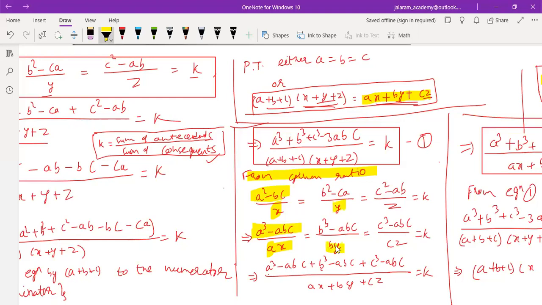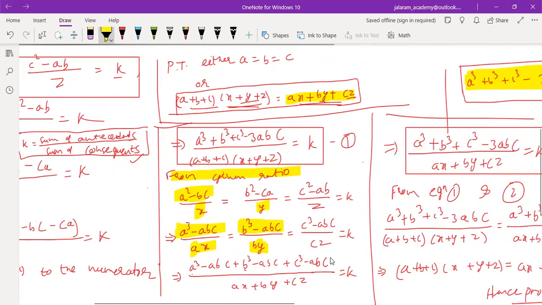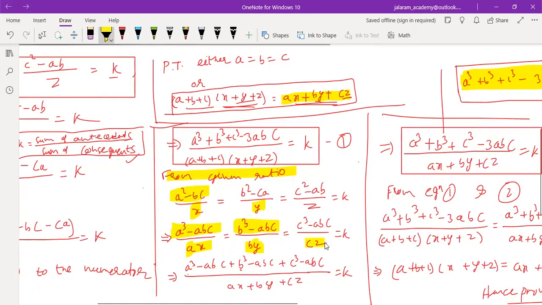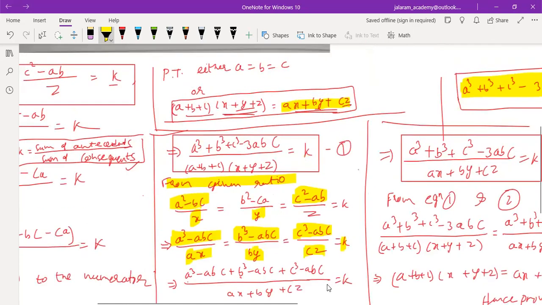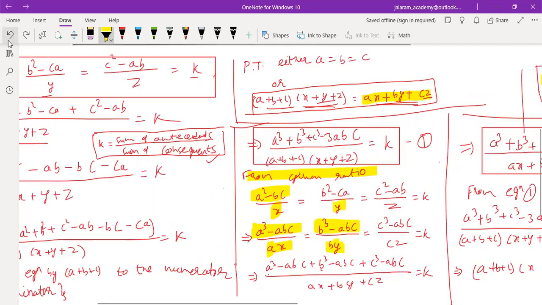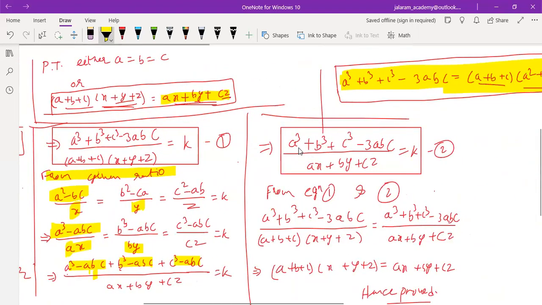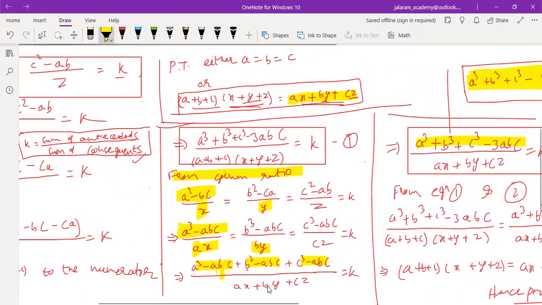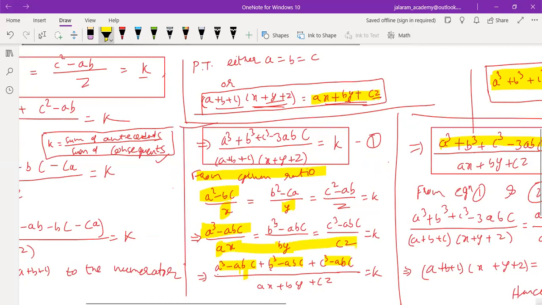Denominator y becomes by if you multiply it by b, and (b² − ca) times b is b³ − abc. And denominator z, multiplied by c, becomes cz, and in the numerator (c² − ab) times c becomes c³ − abc equals k. Now using sum of antecedents upon sum of consequents equals k, it gives (a³ − abc) + (b³ − abc) + (c³ − abc), that is a³ + b³ + c³ − 3abc as the numerator, and the denominator is ax + by + cz.